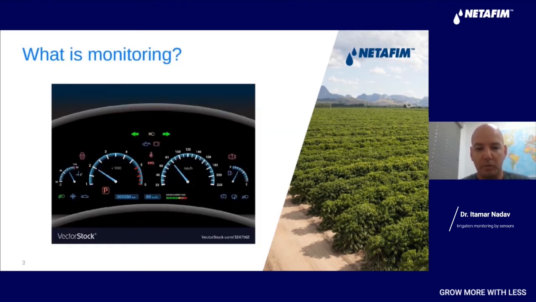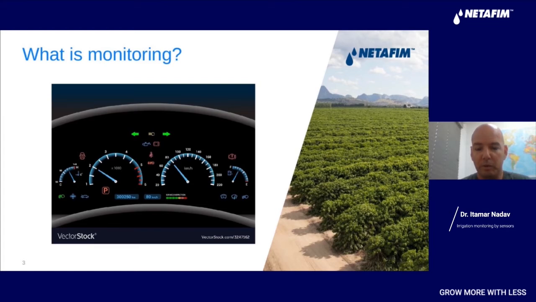So first of all, we need to understand what is monitoring. Monitoring is basically everywhere. In the image that you can see now is the dashboard of your car. There you have a lot of information about how much fuel you have, and if the car is getting heated, or what speed you ride on.